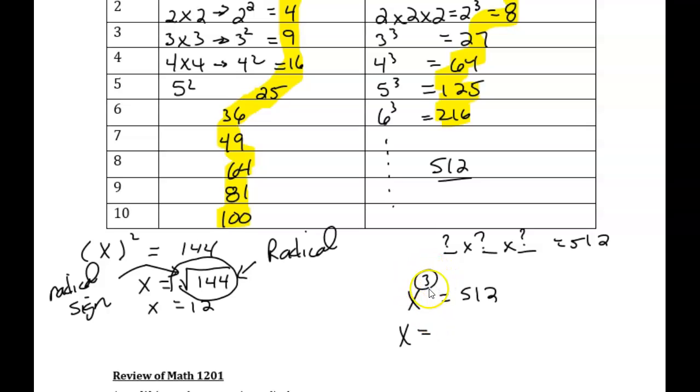With this 3 here, it doesn't get written in front of the radical sign. It gets written on the lip here. So let me tell you something about numbers written here. That's actually called the index. And it tells you what type of root you're taking.